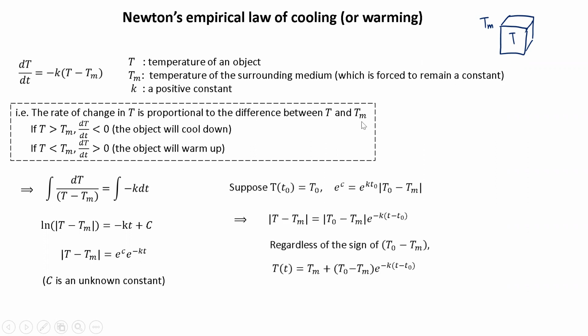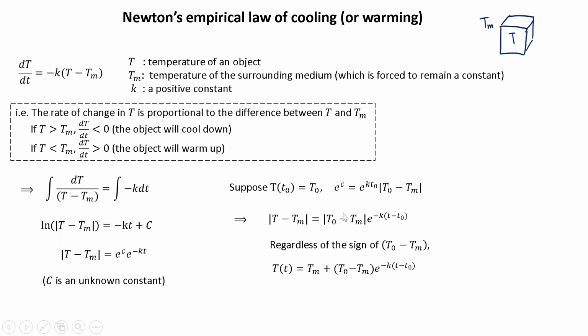So I give you the initial condition: at t equals t naught, this temperature equals this big T naught. Then with that, you will be able to figure out this constant, e to the C, like this. Then the solution to this problem is this one. So there is no constant C here anymore, but you have T naught, the initial value.